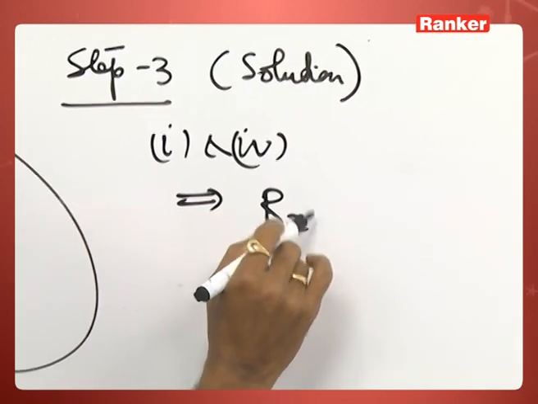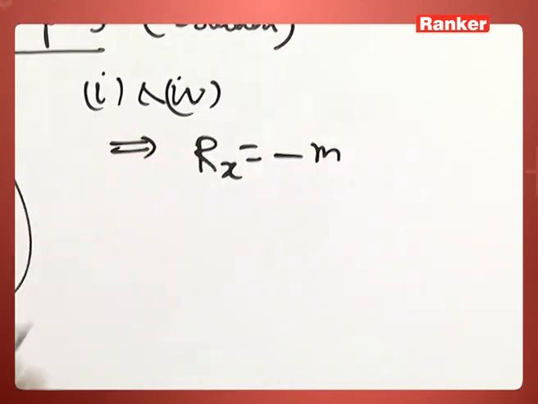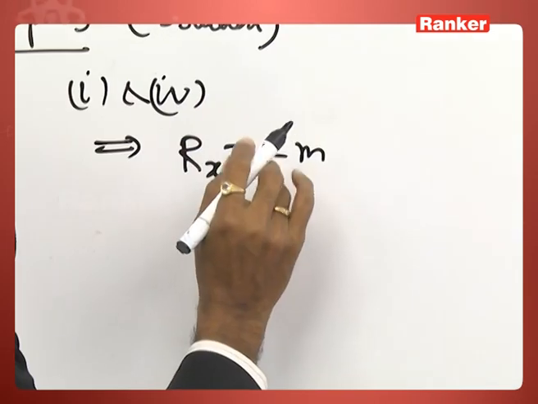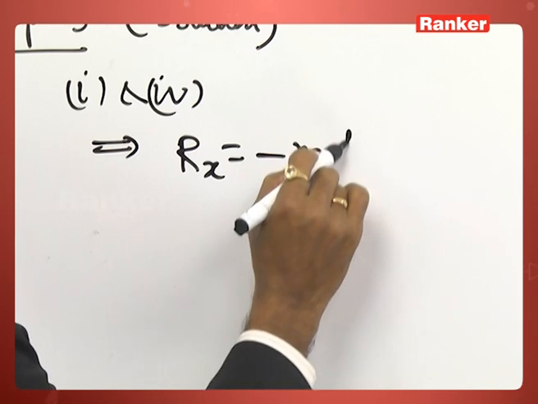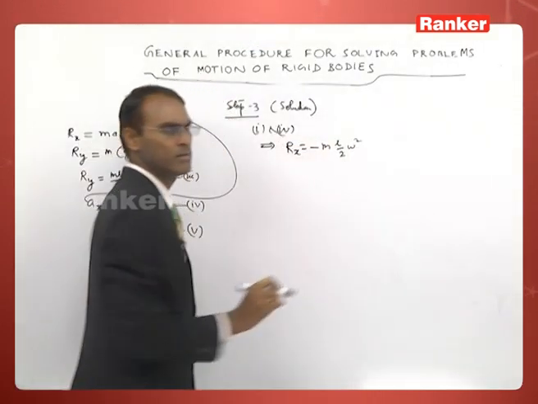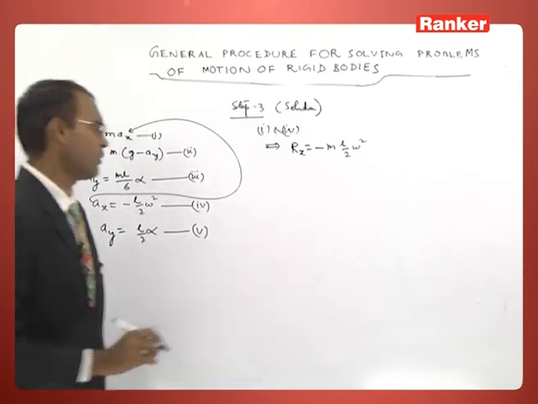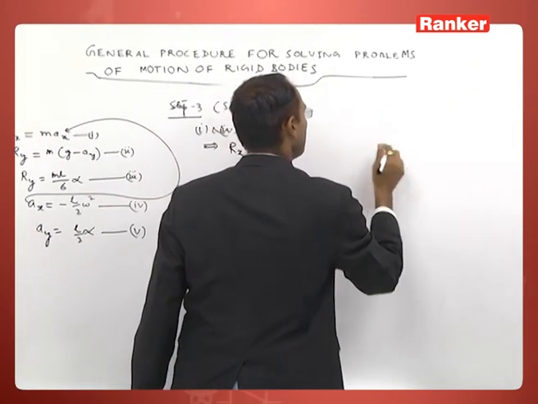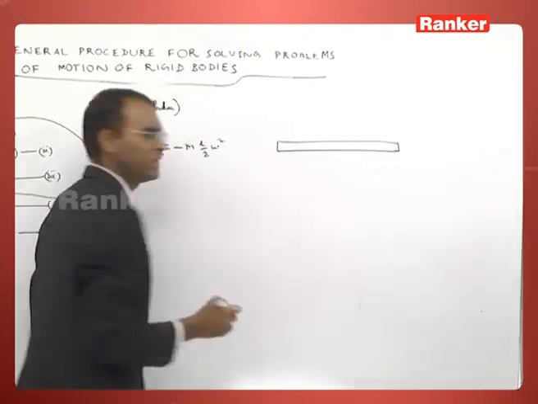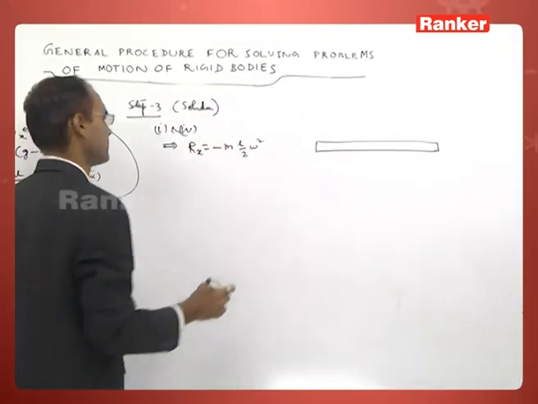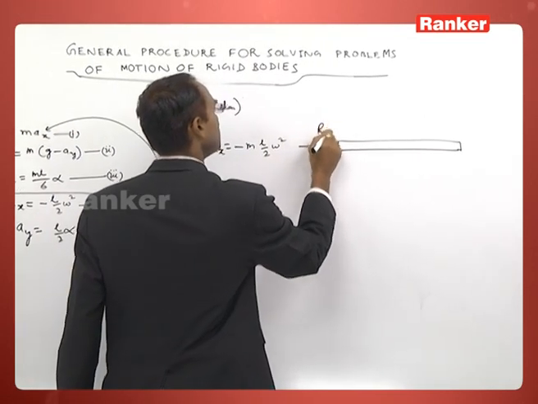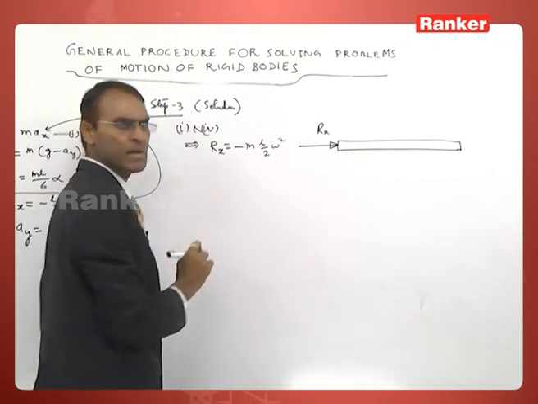Equations 1 and 4 give us Rx is equal to minus m Ax, which is equal to minus m L by 2 omega square. So Rx is equal to minus m L by 2 omega square. The negative sign physically signifies that we have taken Rx in this direction and we are getting a negative result.